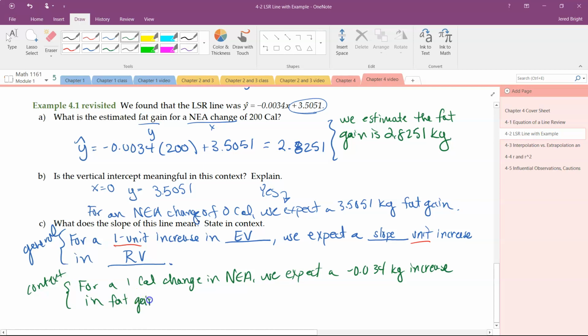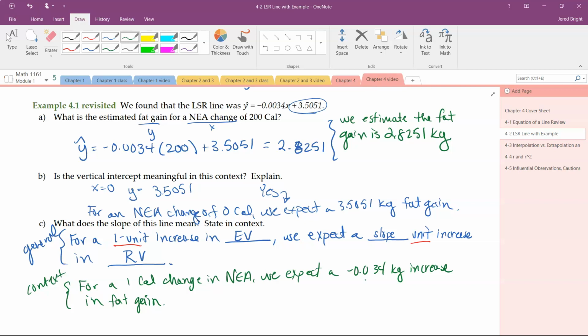Certainly there's other ways you can word this. I mean, negative increase, that's kind of awkward. You could say a positive decrease, that's fine. So any variation thereof, but as long as you have this general sentiment conveyed, you should be good.